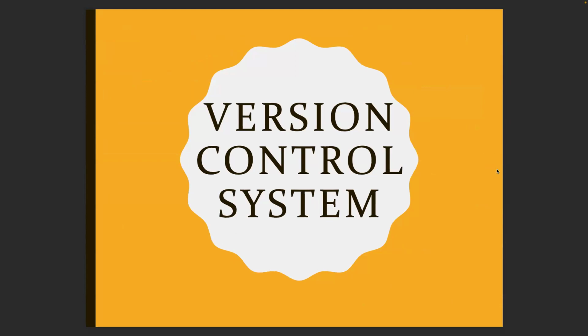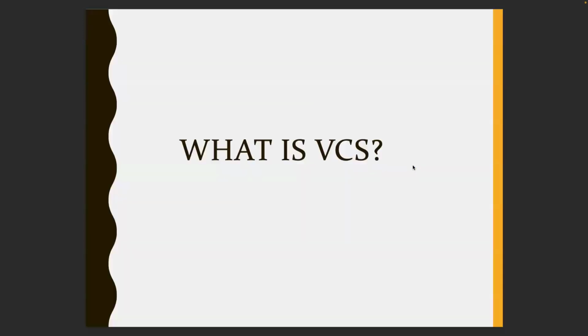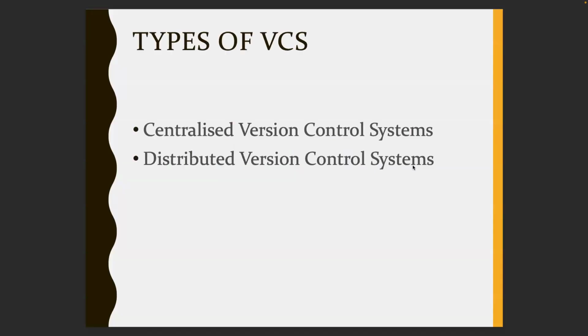Yes. Right. So now that we understood what is version control system, who uses it, what is it all, let's talk about different types of version control systems. Yes, there are different types of version control systems like centralized version control system and distributed version control system.